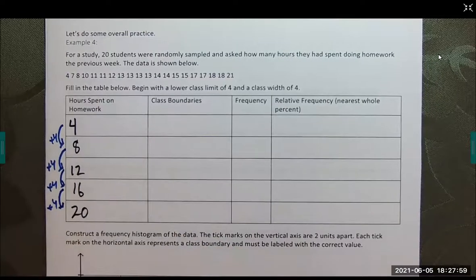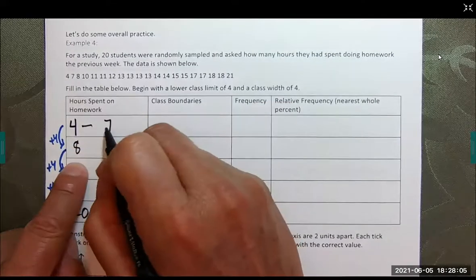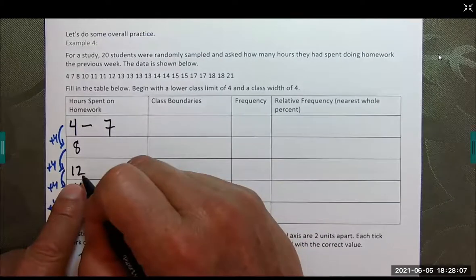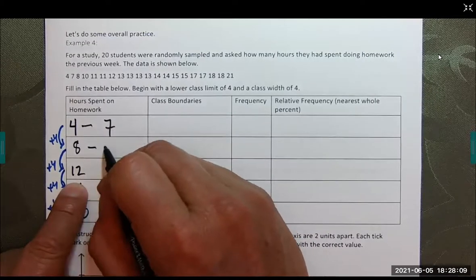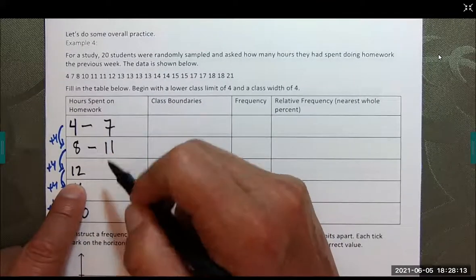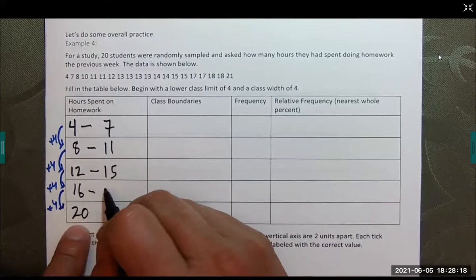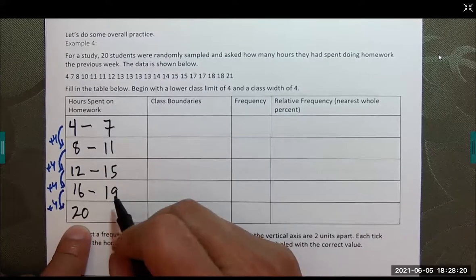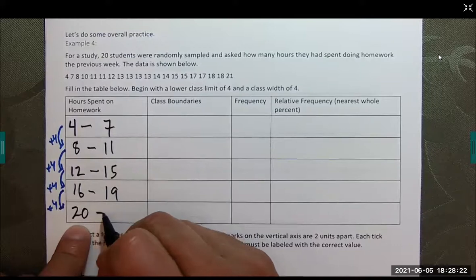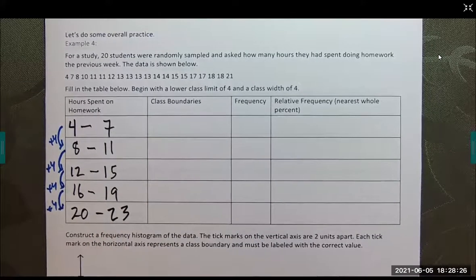And if you remember how we find the upper class limits, well, I just look here. Here's 8. That means this is going up to 7. This one's 12. That means this one's going up to 11. And again, you can see I'm adding 4, add 4, add 4 as we do this. And I'm going to add 4 to that, and that's going to be through 23. So we have our limits.